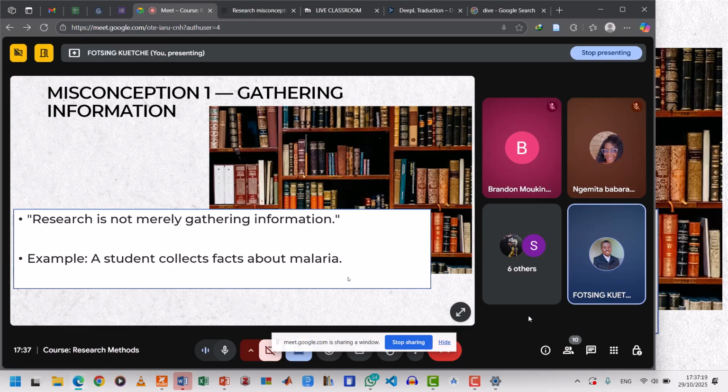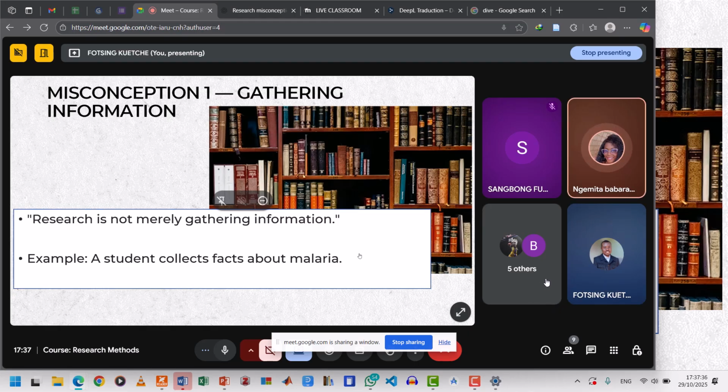Yes, it is spread by mosquito bites. Who else can try to give us some facts about malaria?